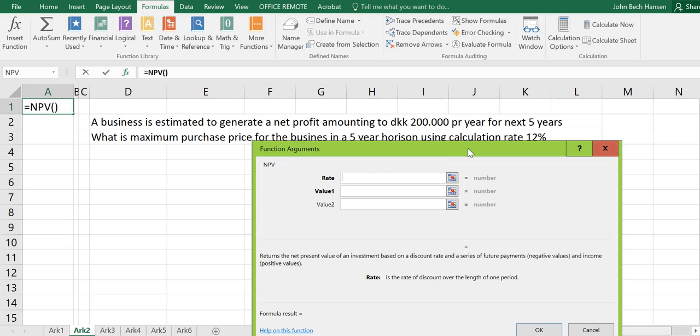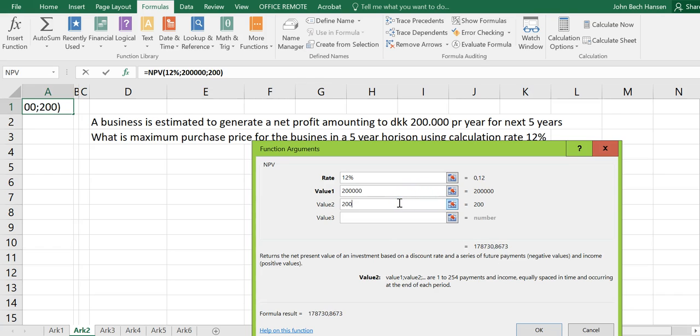And I can say that the rate is 12% and value 1 is 200,000. Value 2. So here we have a possibility of saying, well, maybe the first year was 100,000 and then the second year was 200,000.